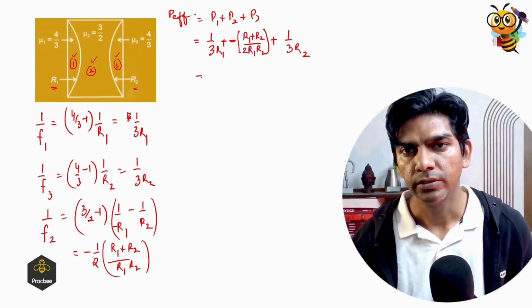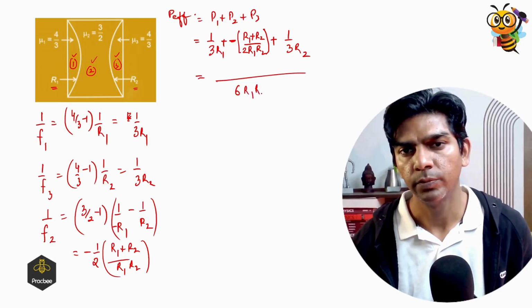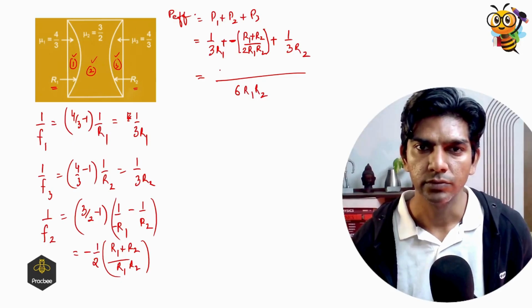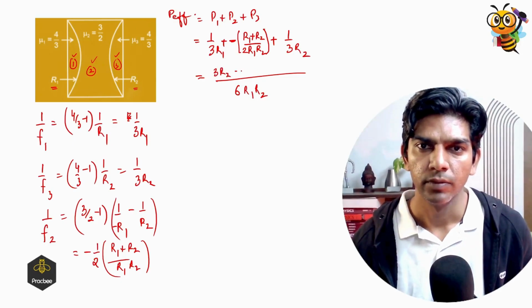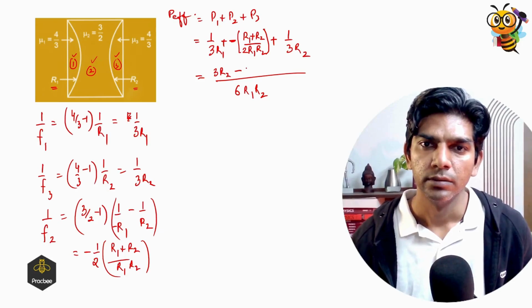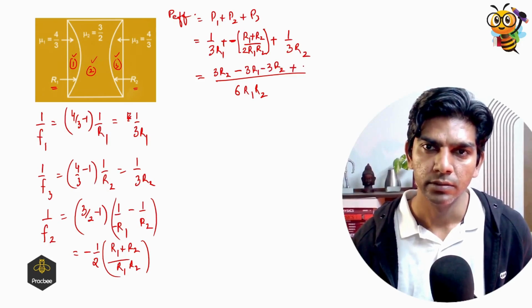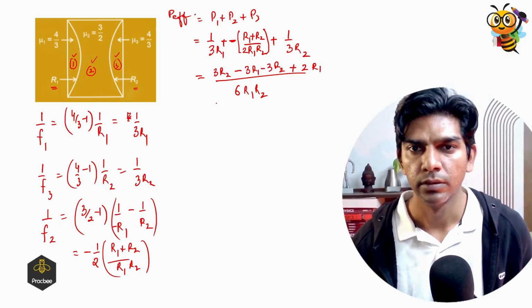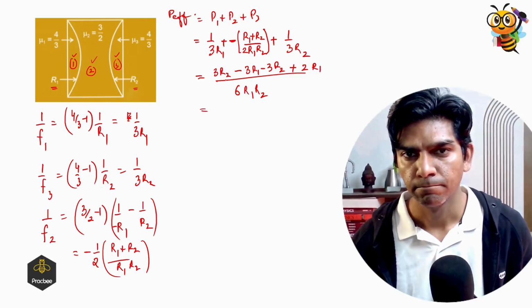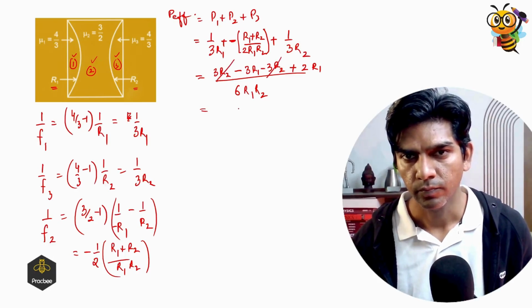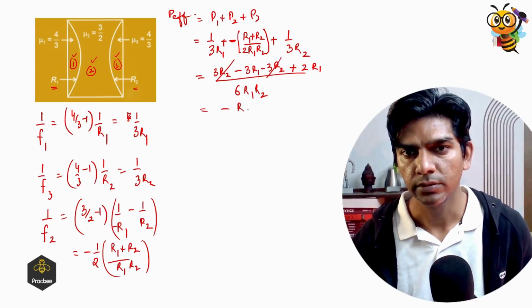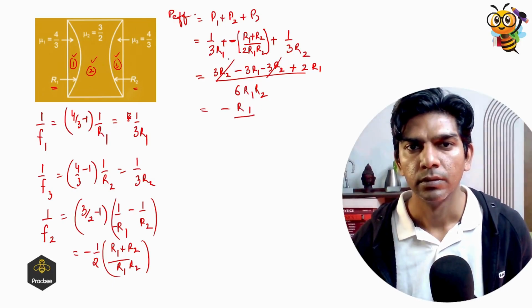So let us simplify this. 6 R1 R2 will be the denominator. So it will be 3 times R2 minus 3 R1 minus 3 R2 plus 2 times R1. So this comes out to be, so 3 R2 will get cancelled out, and we are getting minus R1 divided by, let me again check.